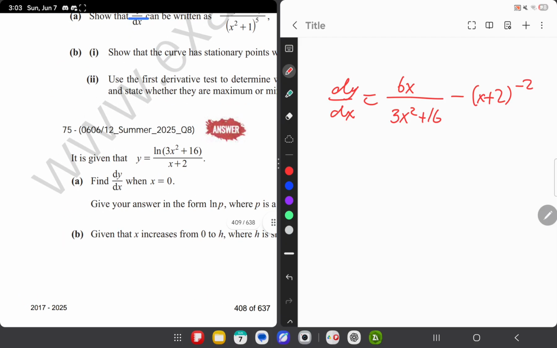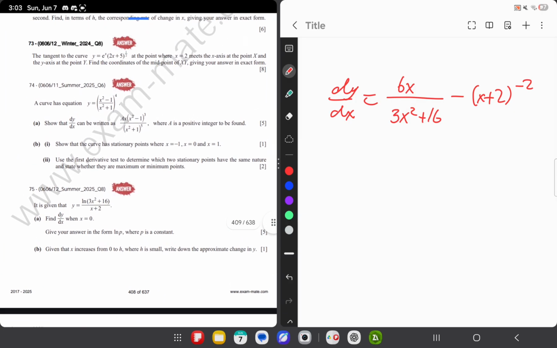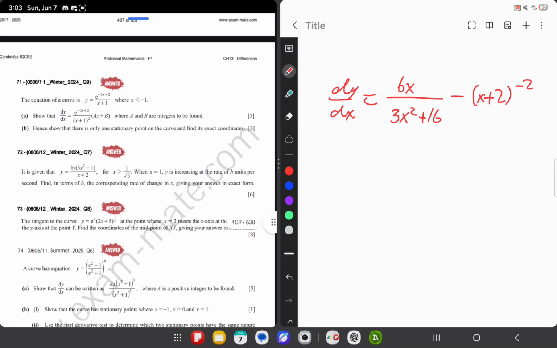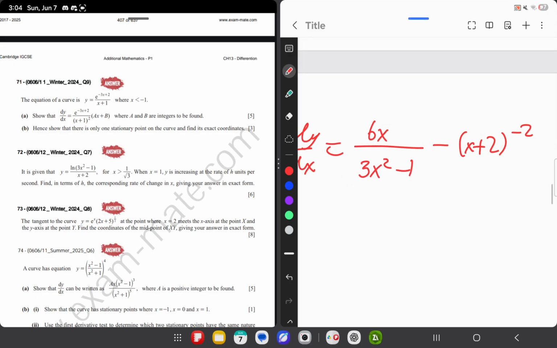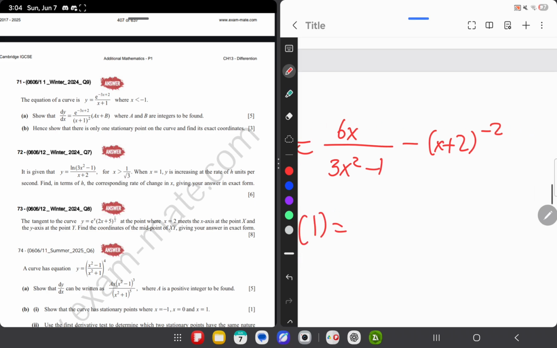y is equal to a logarithm over a polynomial. Find dy/dx when x is equal to 0. It is given to us that when x is 1, this is 6. 3 minus 1 is 2.